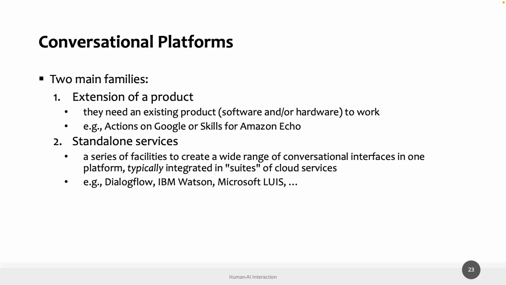So examples are Actions on Google or the skills for Amazon Alexa. So something that needs an existing product, be it hardware or software, to work. So you can develop a specific feature, for example, an Amazon skill, to improve and extend the capabilities of an existing device like an Amazon Echo Dot.